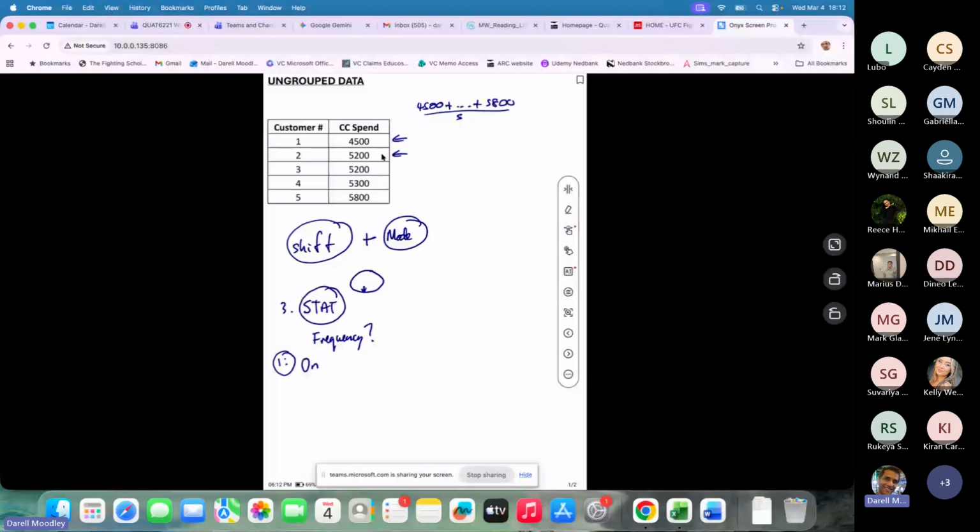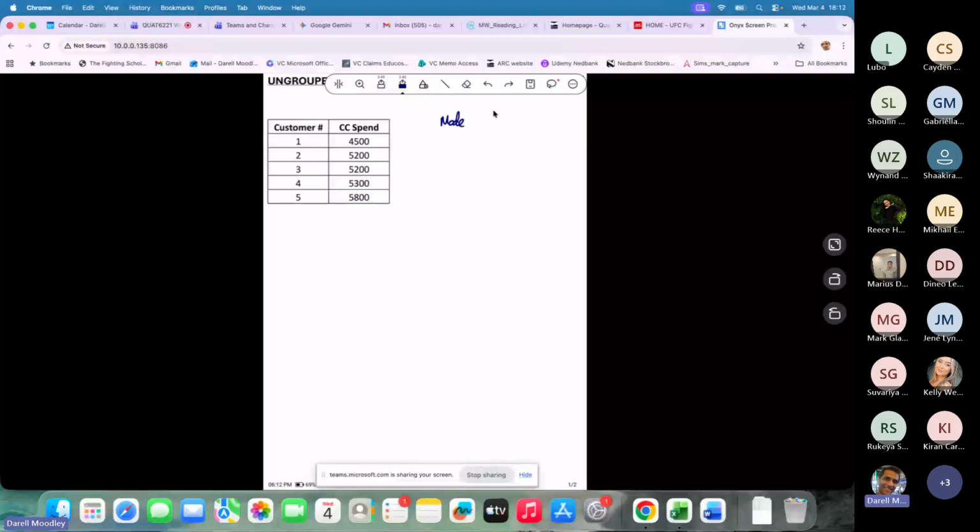I'm going to clear my whiteboard. What you're going to do is press the mode button, and choose the option that says stat, which is option 2 on my calculator.